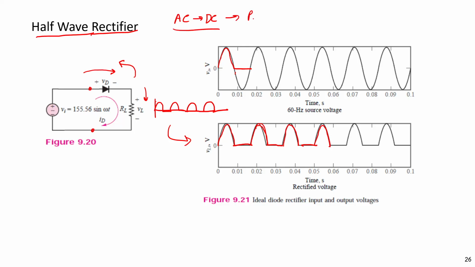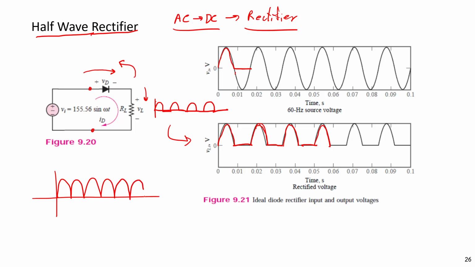We call it a rectifier. And we have half wave rectifier. We can also have full wave rectifier. With full wave rectifier, we can get this shape of full wave rectifier. The circuit of full wave is something like this.